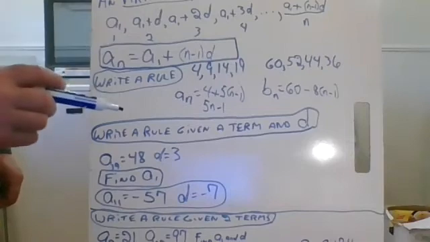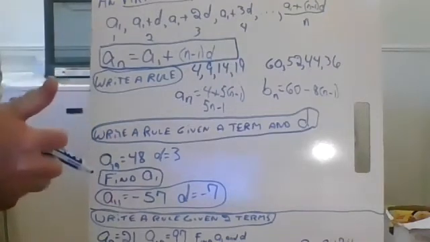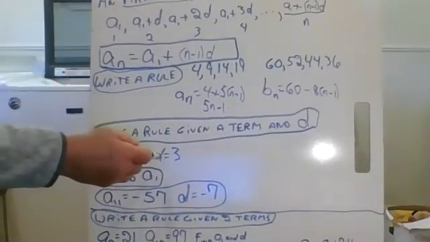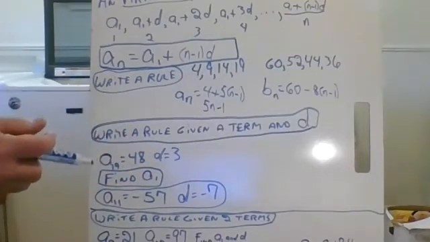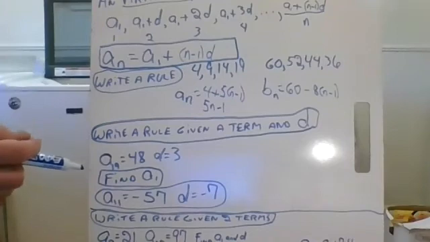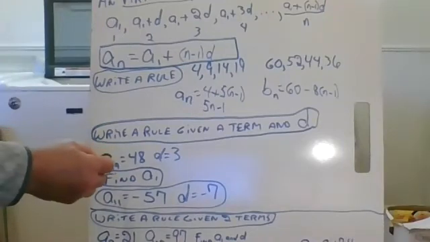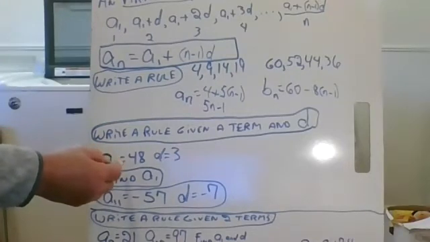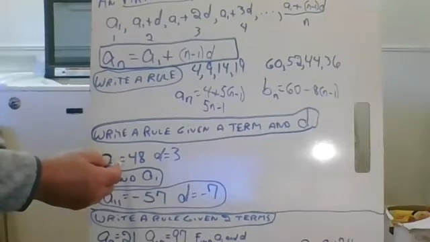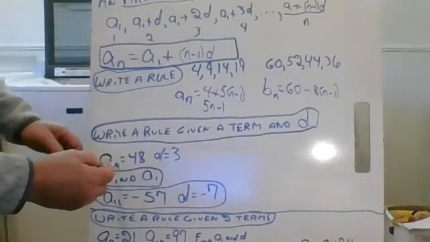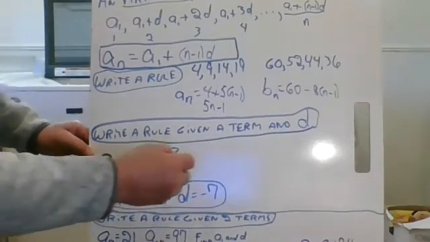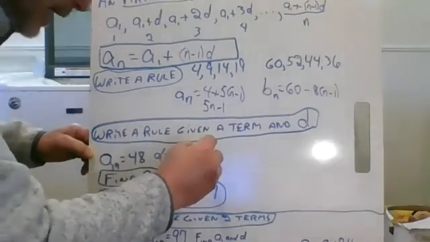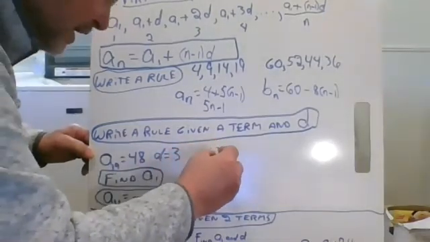Well, to find a sub n, you need a sub 1 and d. You have d. So all you really need to do here is find a sub 1. And so all you have to do is take the given term and write this out. What do we know about a sub 19? a sub 19 happens to be 48.